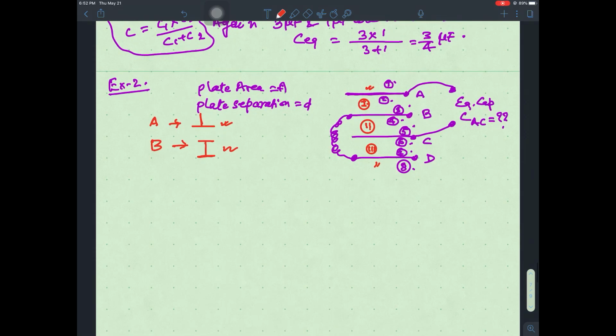Now what I am going to do is replace this capacitor by the capacitor symbol. See here, the first plate is this, plate A. The second is plate B. Third is your plate C, which we also represent by this symbol.